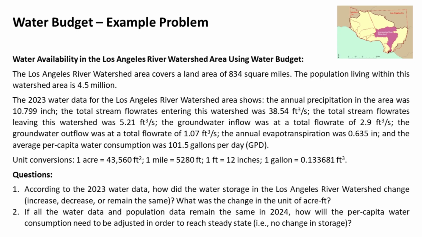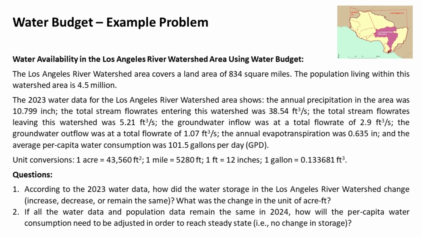The groundwater inflow was at a total flow rate of 2.9 cubic feet per second. 5. The groundwater outflow was at a total flow rate of 1.07 cubic feet per second. 6. The annual evapotranspiration was 0.635 inch. 7. The average per person water consumption was 101.5 gallons per day.